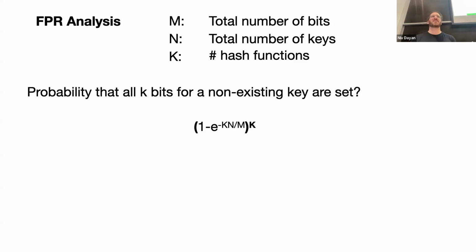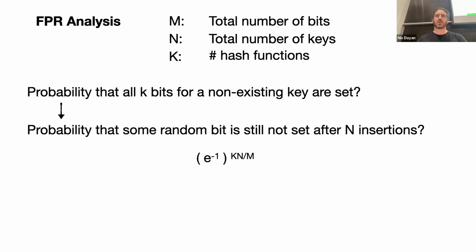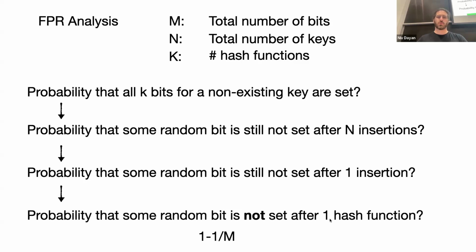Everyone happy? Yes. Is the probability of a bit being set after one insertion 1 over m? Are we assuming that each insertion is 1 bit? Well, that was an argument with respect to one hash function. So what is one hash function setting? One bit.